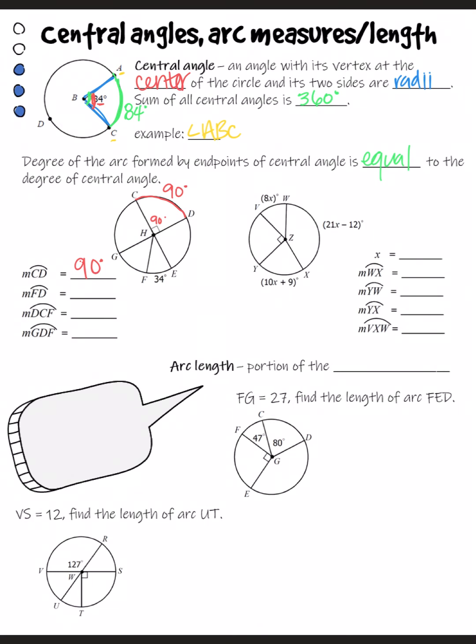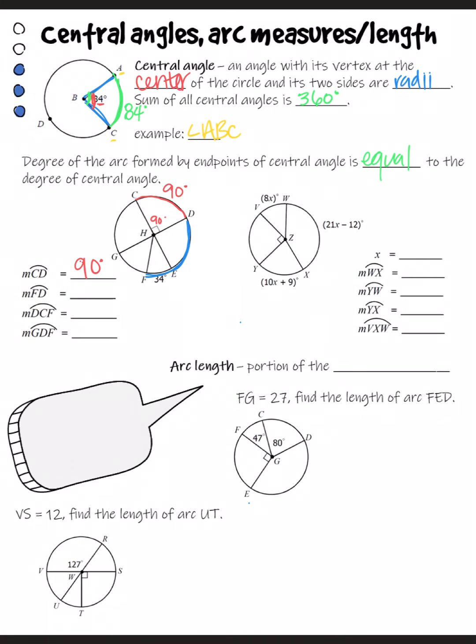So that's one way of figuring out which arc we're talking about, because like this one is FD. Well, FD could go that way, right? Or that way. But since it's only two letters, then we know that it is this arc we're talking about, because that one's definitely going to be under 180 degrees.